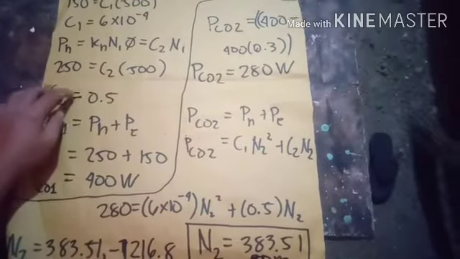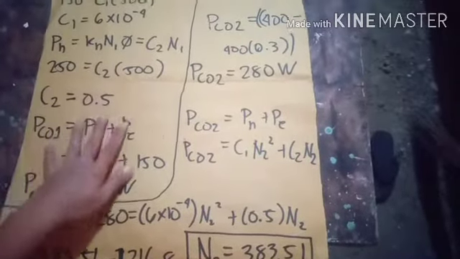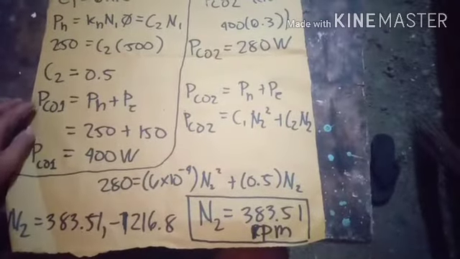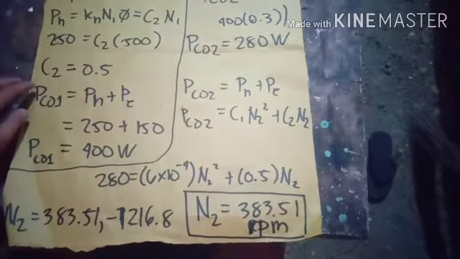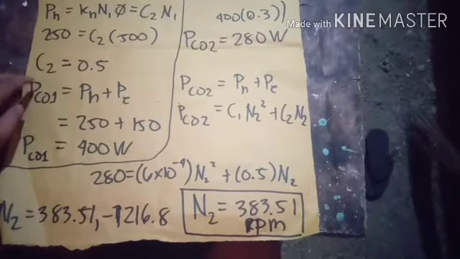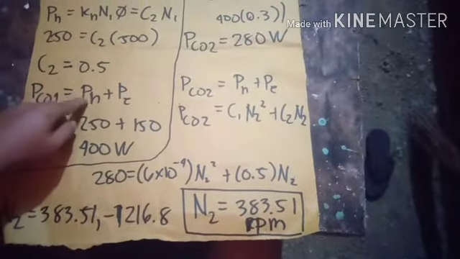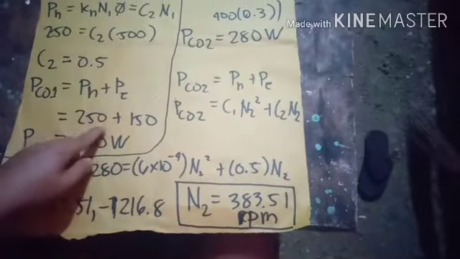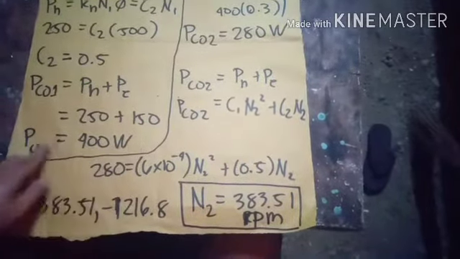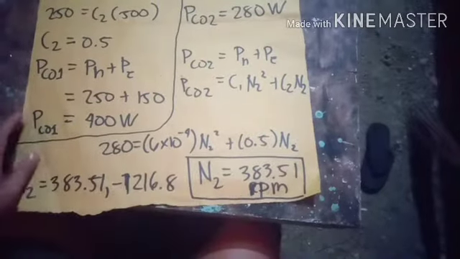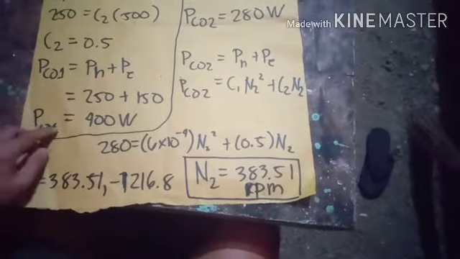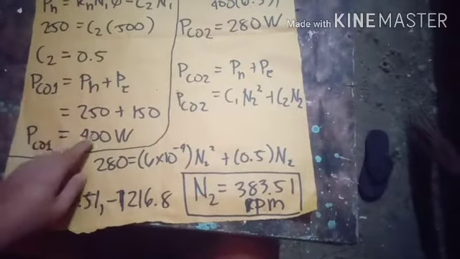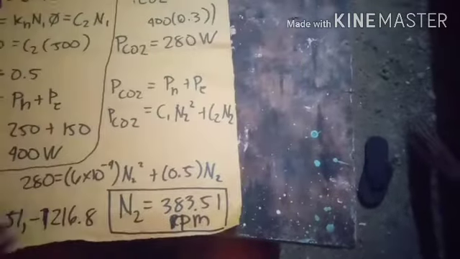C sub 2 now is equal to 0.5. Then find the power. P sub CO1 is P sub H plus P sub E, equal to 250 plus 150. So the P sub CO1 is equal to 400 watts.